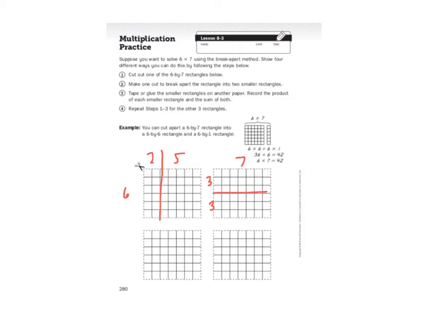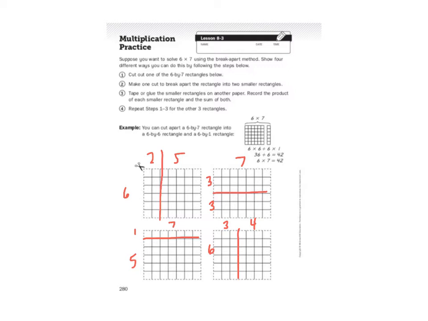I could break it apart this way so that I have 5 and 1, and I still have 7 that way. I could break it apart this way so that I have 3 and 4, and then 6 on the side. And remember, you're trying to break it apart into smaller chunks so that they're easier to multiply. So I should get the same answer each time, but get it differently.